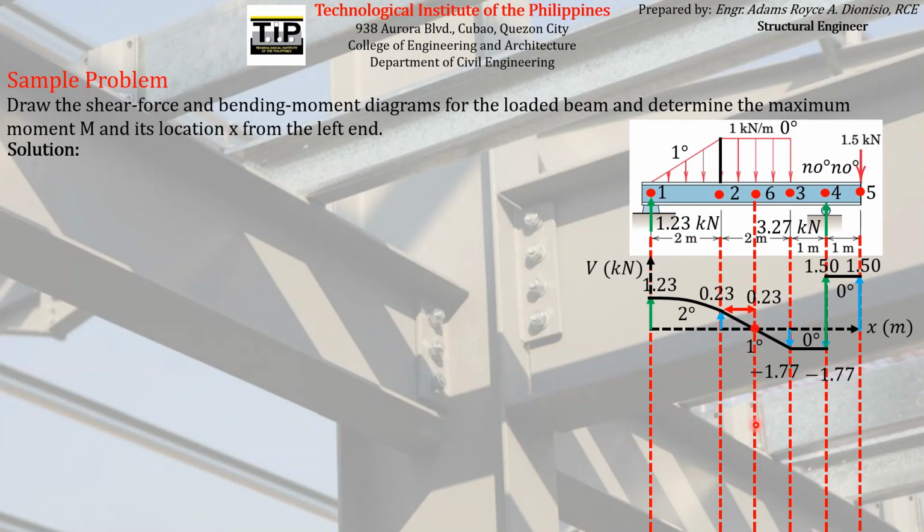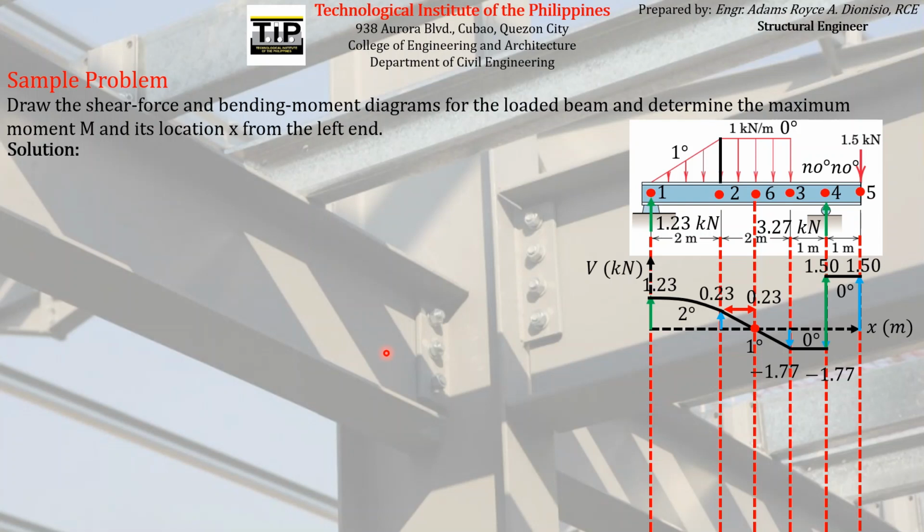So you can expect that when we draw the bending moment diagram, the maximum ordinate, or the maximum bending moment, will be located at this point, at point 6. Why? Because it has a magnitude of shear force equal to 0. So now let's proceed to the bending moment diagram.